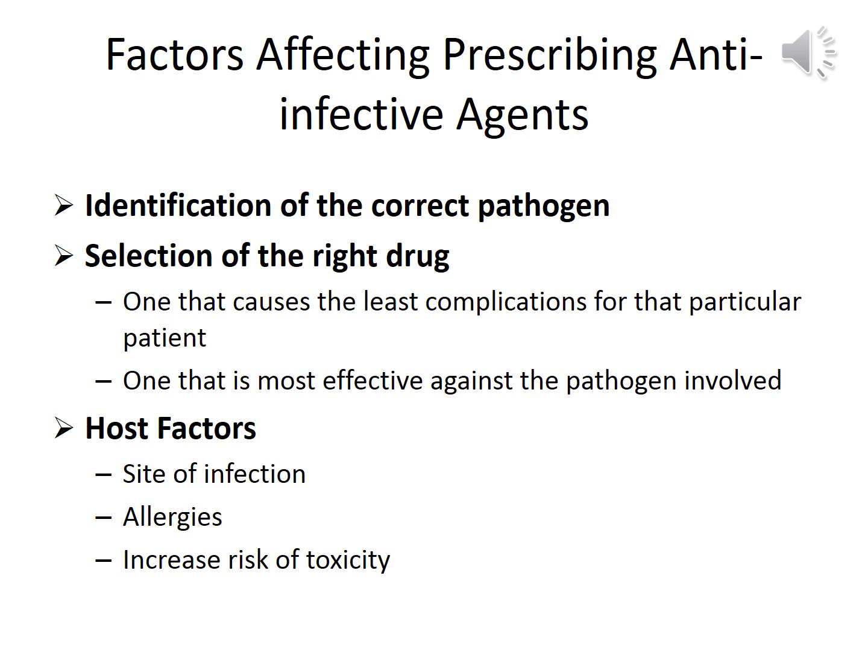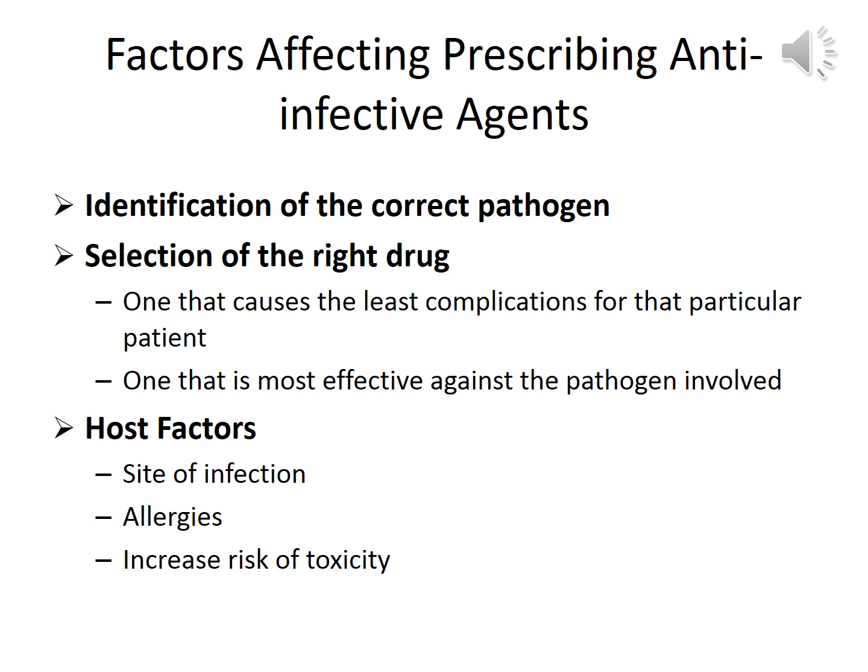Typically you'd say it's the one that's most effective against the pathogen, but maybe, like we're going to learn, aminoglycosides cause kidney toxicity, so if you've got a kidney patient, you may not want to pick that particular drug, even though it would be highly effective against that bacteria.